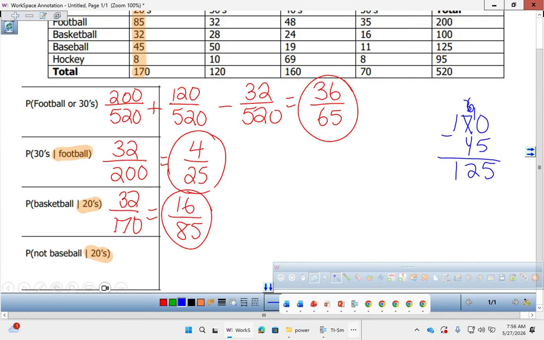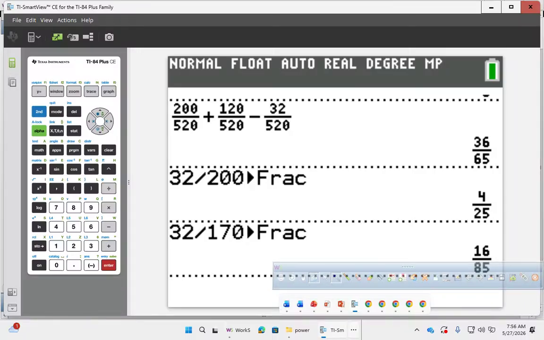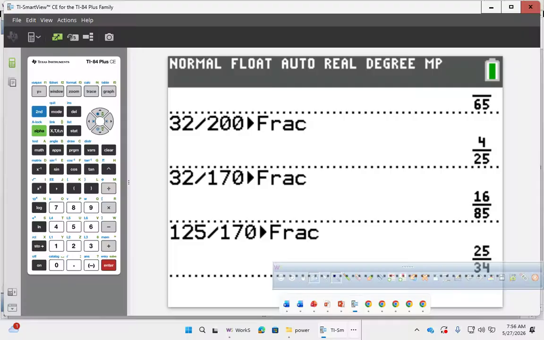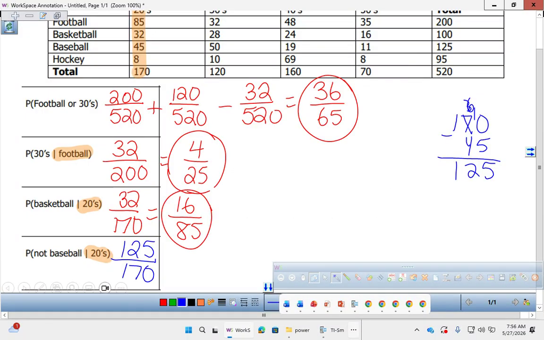So there's 125 people that are not baseball, and the total 20s is still the 170. I'm still using the total from this column. So it's 125 out of 170, math, enter. So this one would be 25 out of 34.